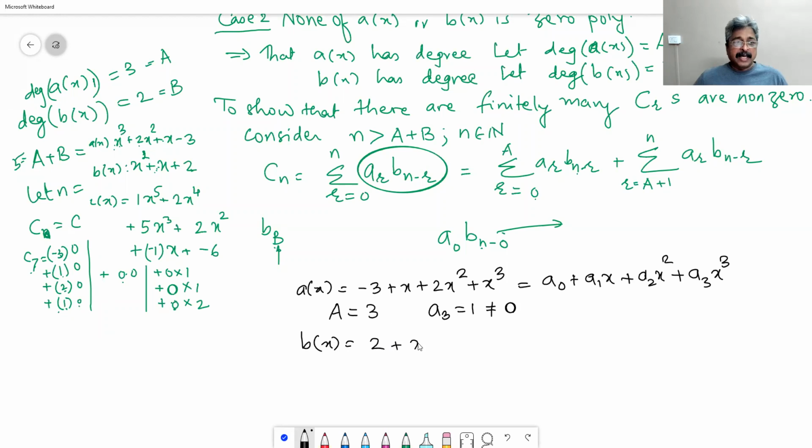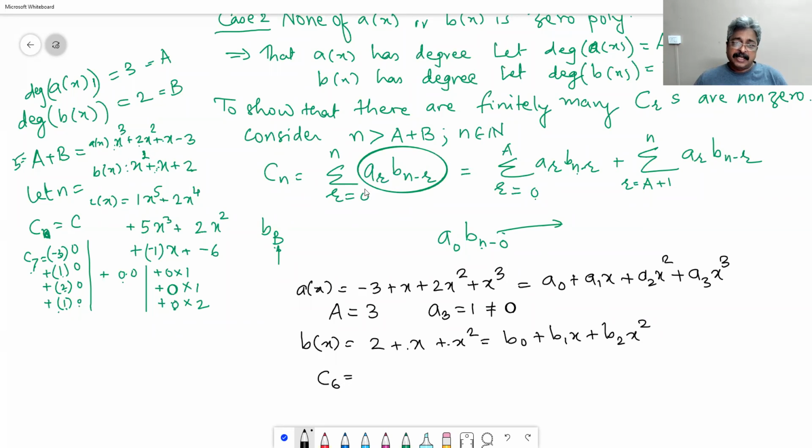How is B(x) looking like? 2 plus x square, which is equal to b0 plus b1x plus b2x square. बरोबर आहे? So what is b2? 1. b1 is 1. b0 is 2. Okay. आता आपण c of 6 लिहूया. c of 6. फॉर्म्युला काय सांगतो?